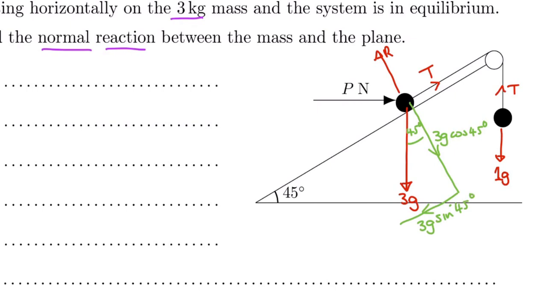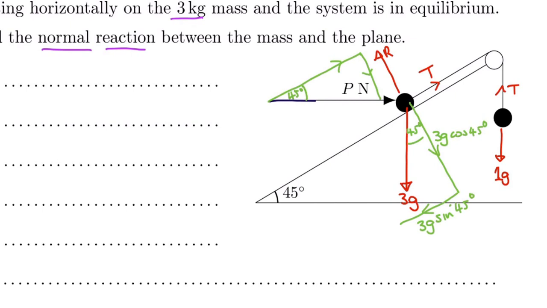Now the next one I'm going to do is the force that's holding the system onto the slope, which is the P newtons. So we're going to resolve that. Again, go across and down this time. And of course this is 45 degrees using parallel lines.